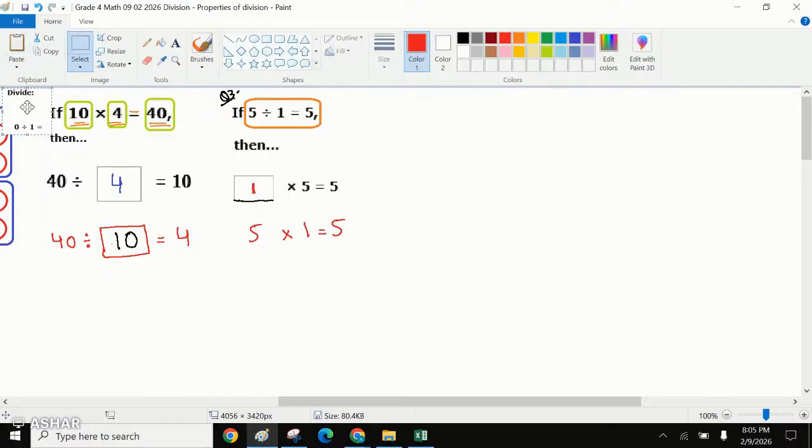For the next question, question number 4, is a bit tricky. We need to remember the logic. The logic says that whenever we divide 0 by any number, the answer should stay.